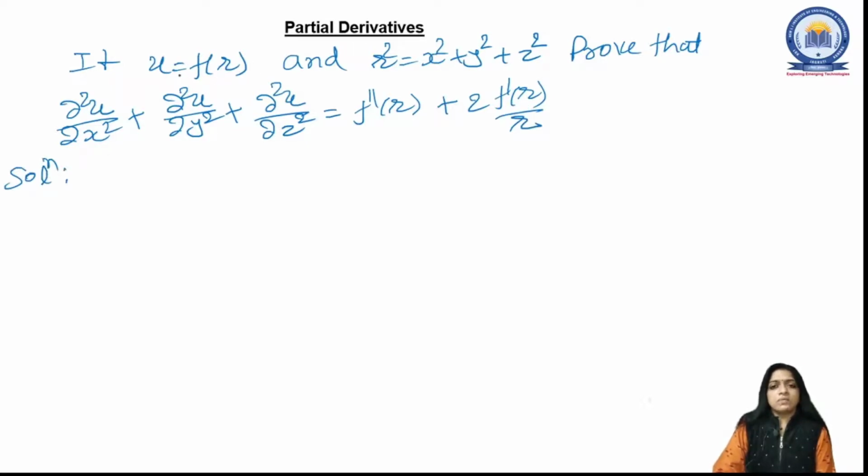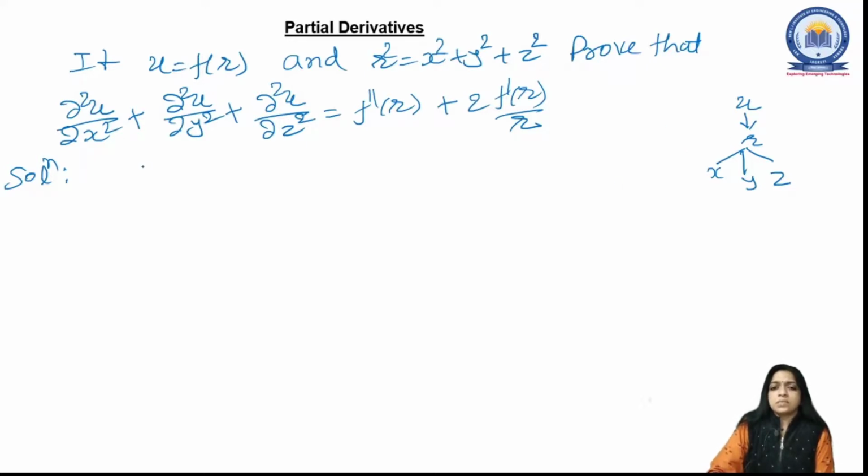Students, here our given function u depends on r, and r depends on x, y, z. So if I want the derivative of u with respect to x, then first I have to find del u by del r, then I find del r by del x.